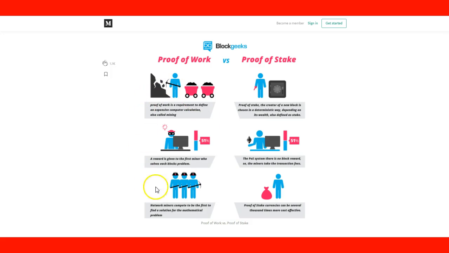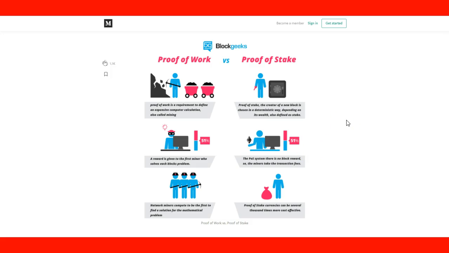So that's basically how proof of work works. Like I said, it uses your computer's power, whether it be your graphics cards or your CPU, and it solves the problem for the block so that you can receive the block reward or a portion of the block reward.